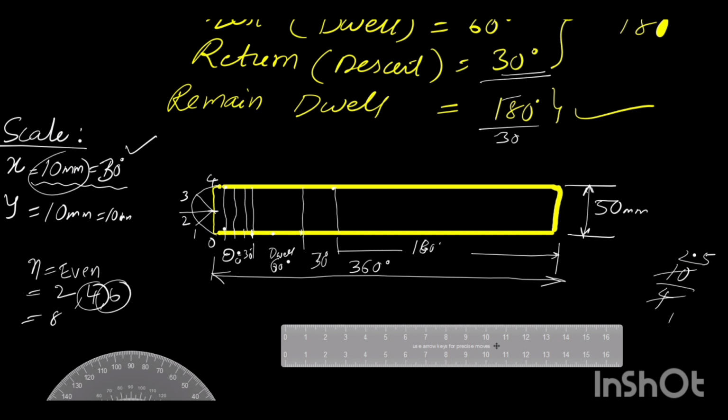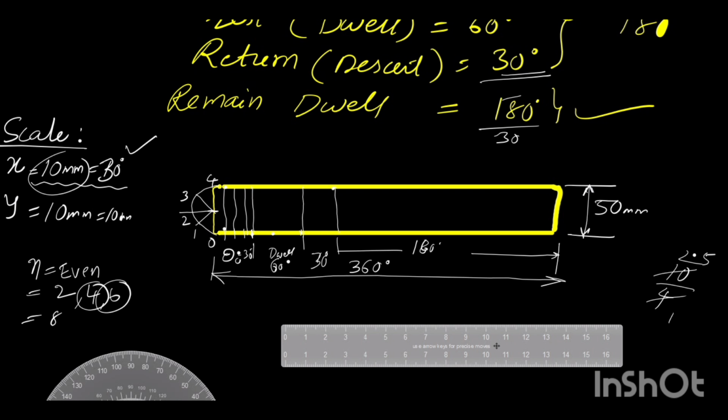Okay, now from this 0 to 1, on the point on the curve, draw a horizontal line till the return stroke, because during outstroke and return stroke both it makes SHM only. That's why you have to draw this horizontal line.